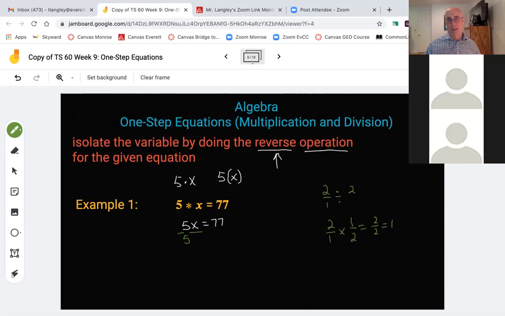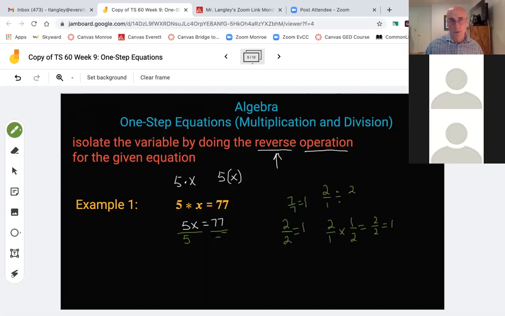Does that kind of make sense? If I have 2 and I divide it by 2, what is 2 divided by 2? It really looks like this, equals 1, or 7 over 7 equals 1. So if I divide this side by 5, I cancel out the 5s. Whatever I did to the left side, I've got to do to the right side.